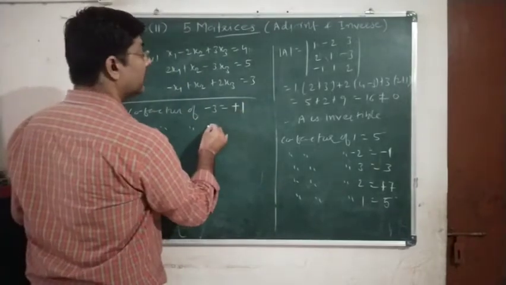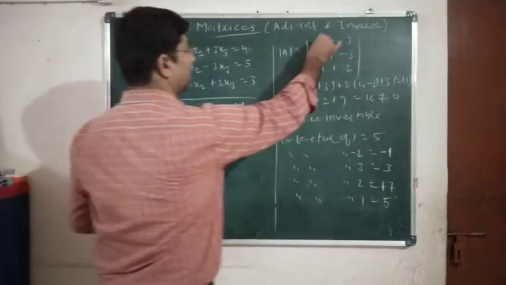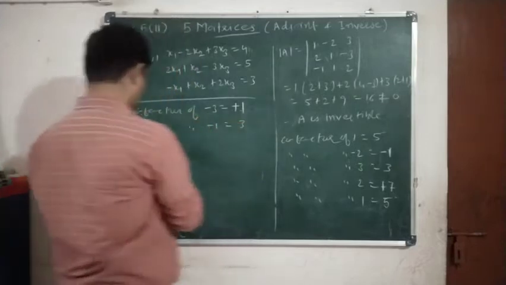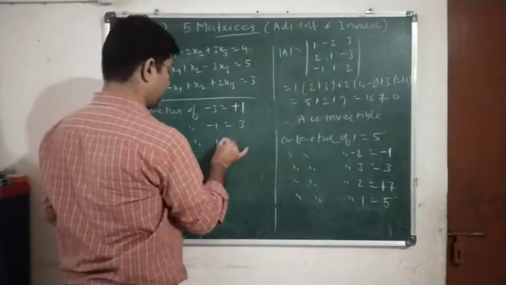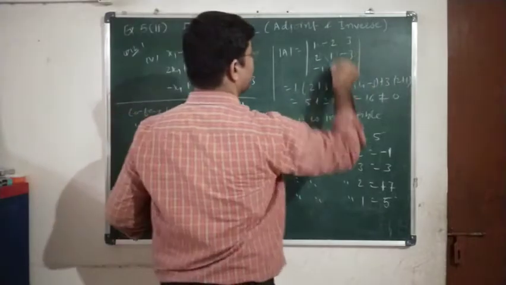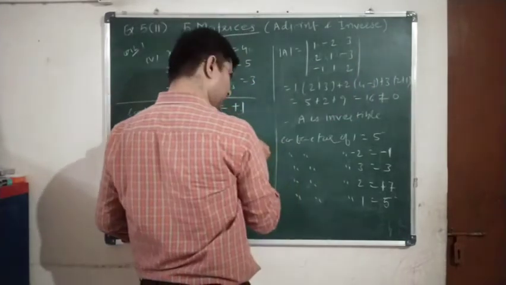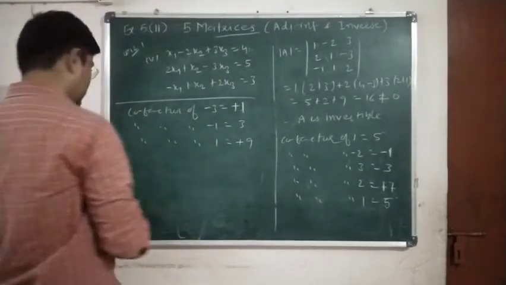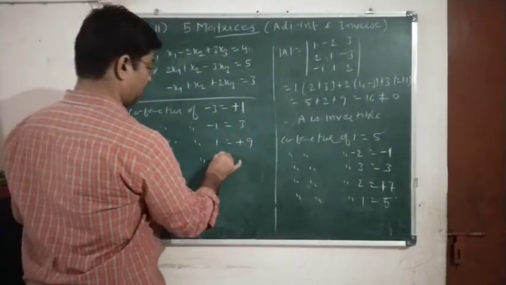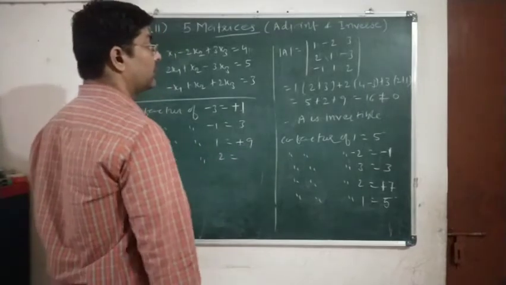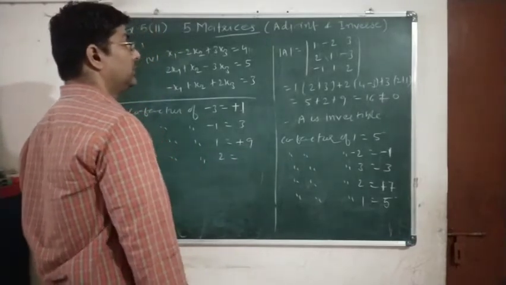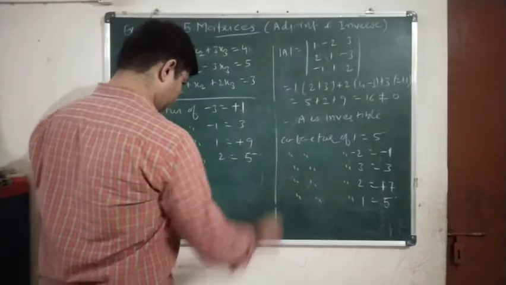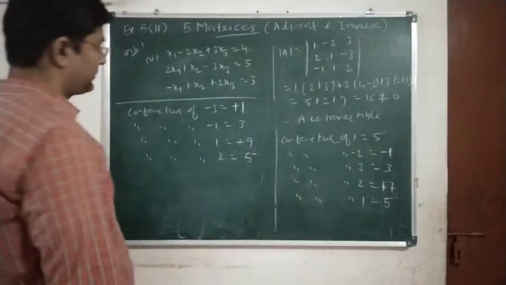The cofactor of minus 3 is 3. The cofactor of 1 has a negative sign, so minus 9, minus minus plus 9. The cofactor of 2 will be 1 plus 4, so 5 only. So we got all the cofactors.